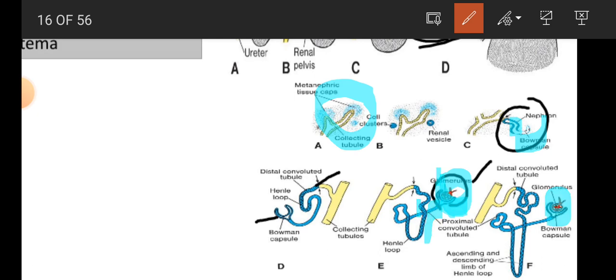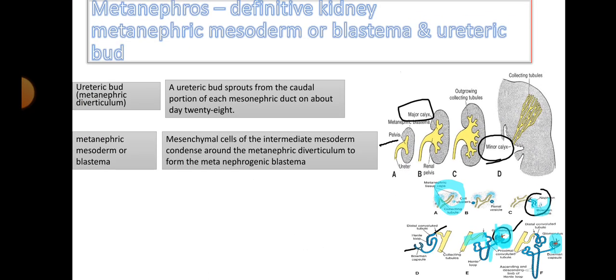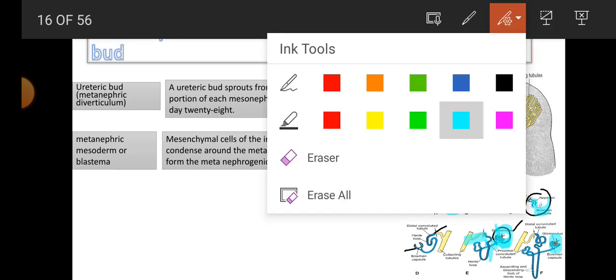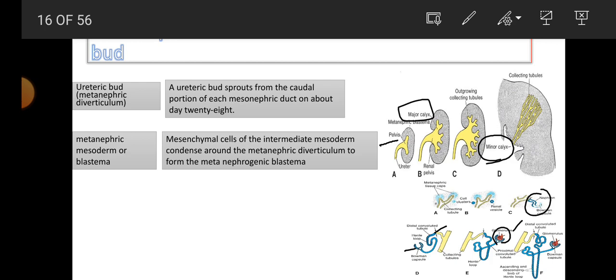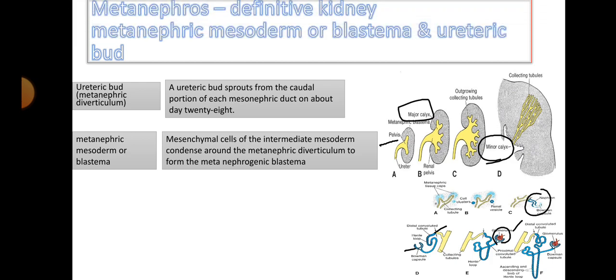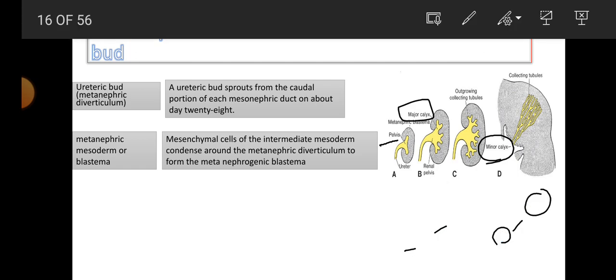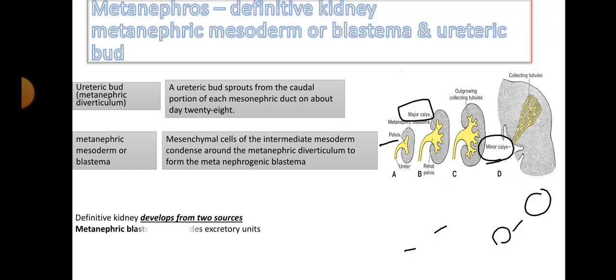They elongate as PCT, Henle's loop and DCT, and finally they drain into the ureteric bud. So the two major sources of the definitive kidney are the metanephric blastema, which contributes to the excretory unit, and the ureteric bud, which contributes to the formation of the collecting system.